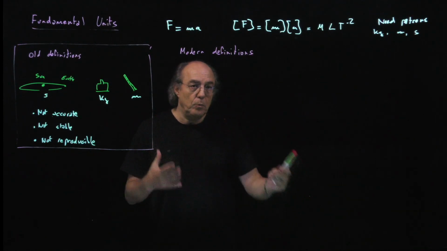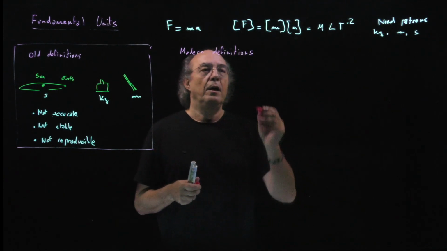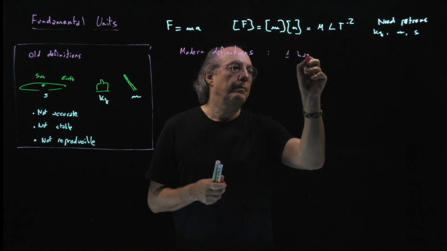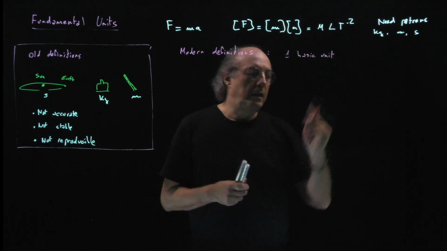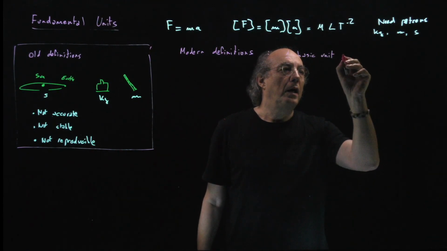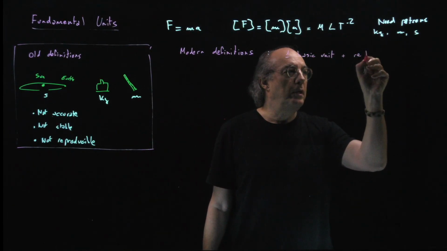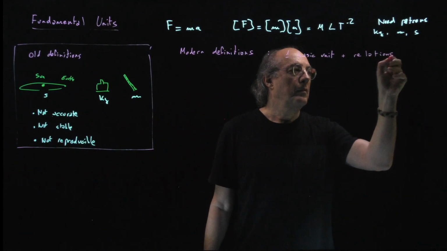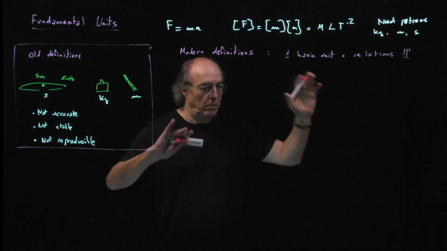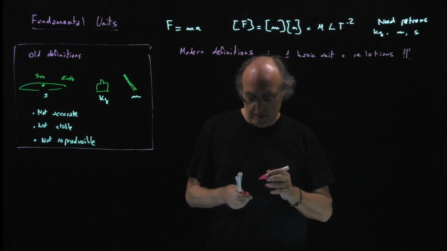So how can we accommodate this? Here is the very clever idea. Why don't we define only one basic unit, and then take some phenomenon like the speed of light that brings a relation between distance and time, and we postulate relations. That's extremely clever. Rather than defining three completely independent units, we define one basic unit and then define relations.